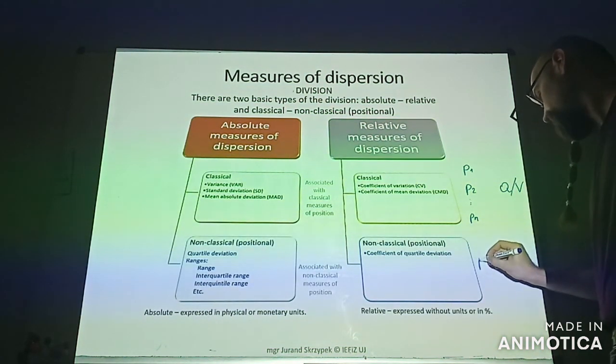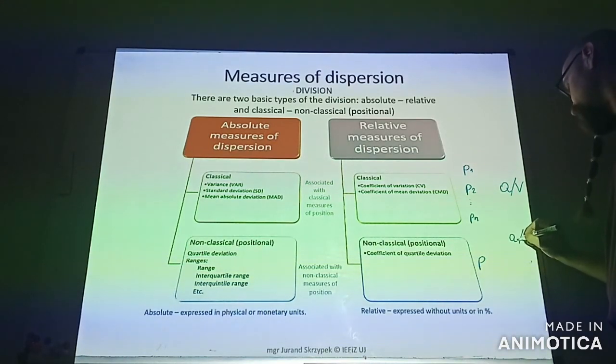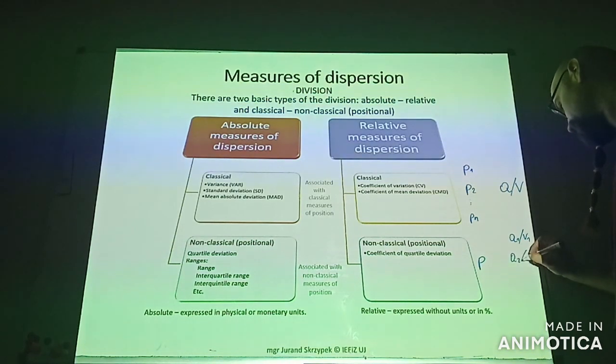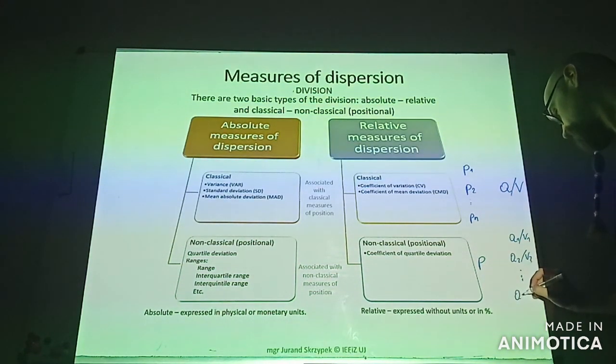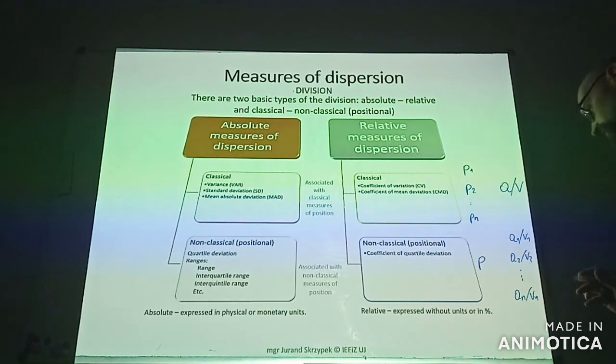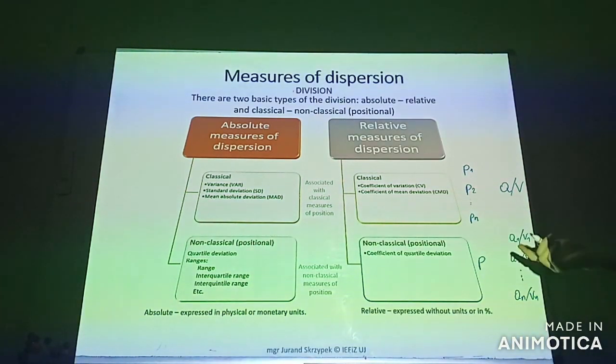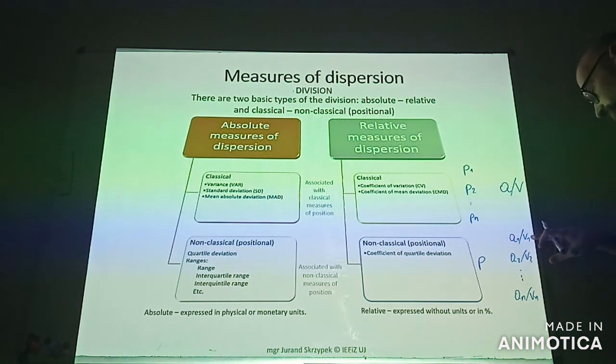Or we have one population and different attributes or variables. For example, we have one population, the voivodeships of Poland, and we can compare the voivodeships in point of view of different variables like GDP per capita, the unemployment rate, or the investment expenditures.